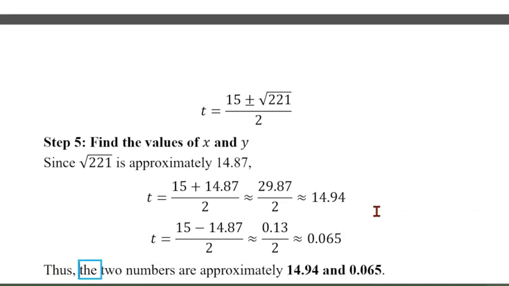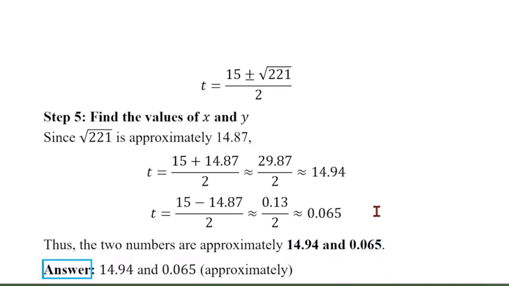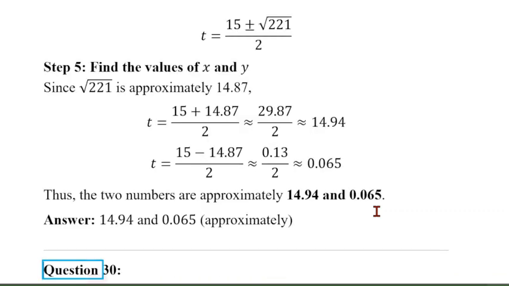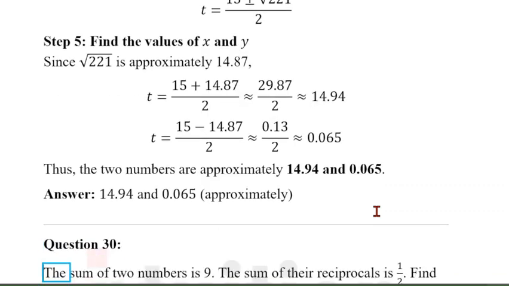Thus, the two numbers are approximately 14.94 and 0.065. Answer: 14.94 and 0.065, approximately.